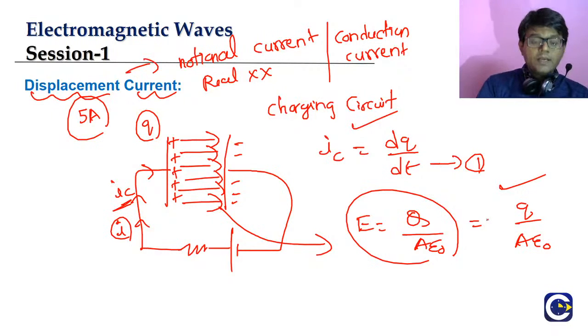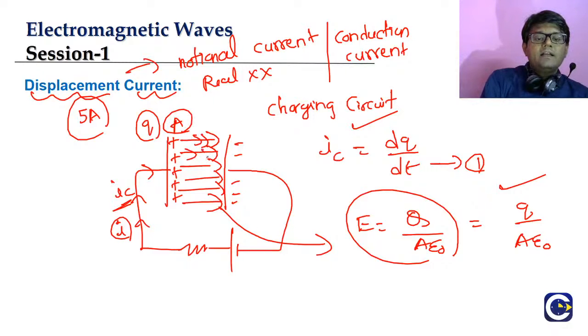Now what is the electric flux through this area? The entire capacitor plate has area A. Area vector we will take normal to the plane.